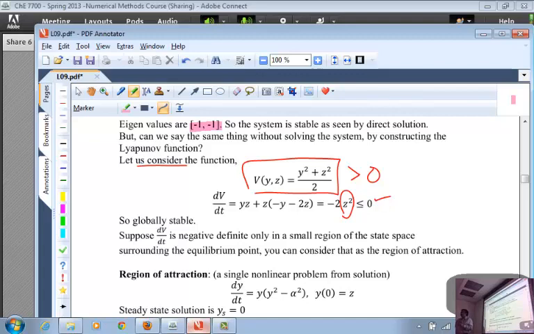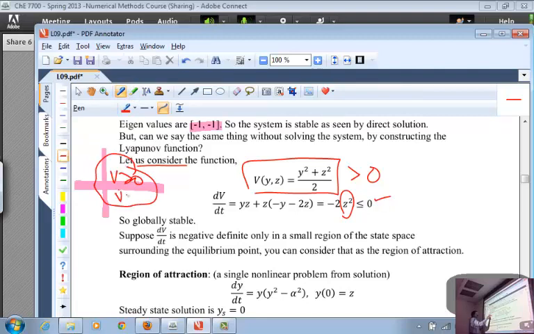Just because I have not been able to construct a V, it doesn't mean that it is not stable. Okay, so I can identify a region in the state space, something like this. Inside that region, V is positive definite and V dot is negative definite. And if I can do that, I can then say that that is the region of attraction for that particular system.